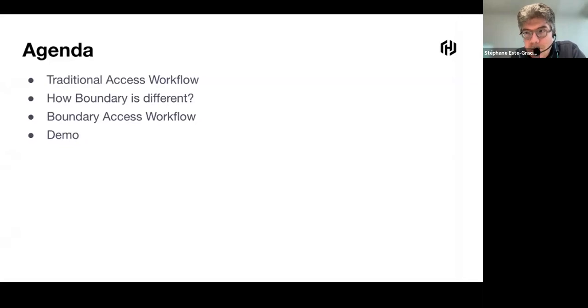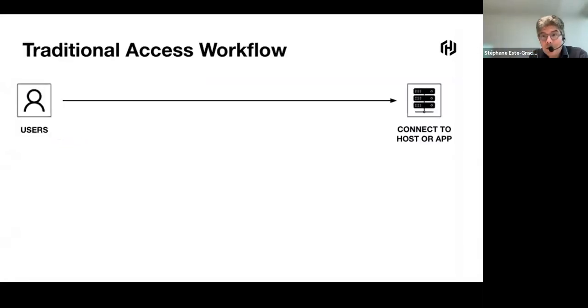So first, what is the traditional access workflow? The user would like to access resources remotely and has to connect to the host, or an application or database, whatever you want to access. The user needs first to know how to access.